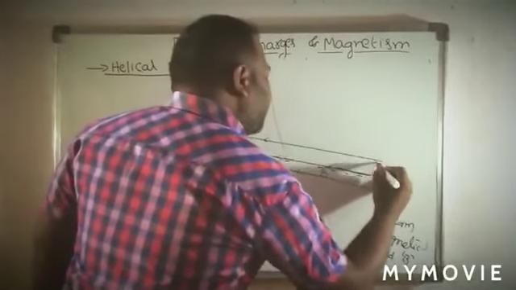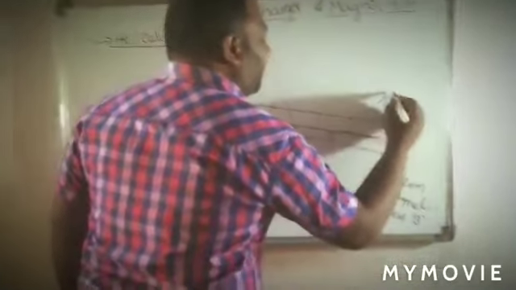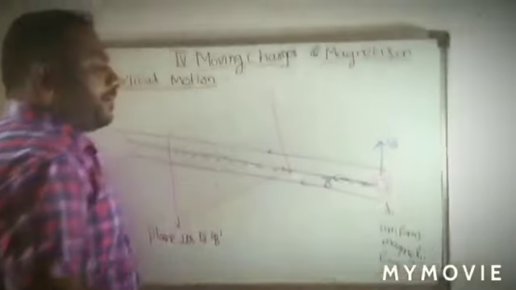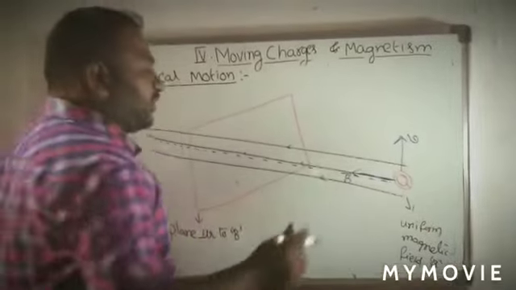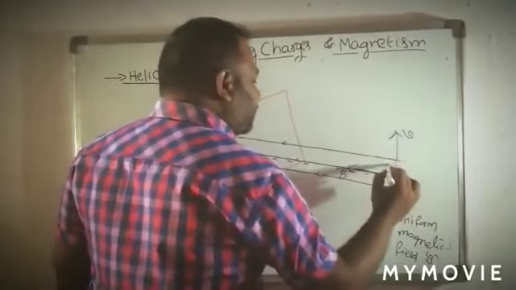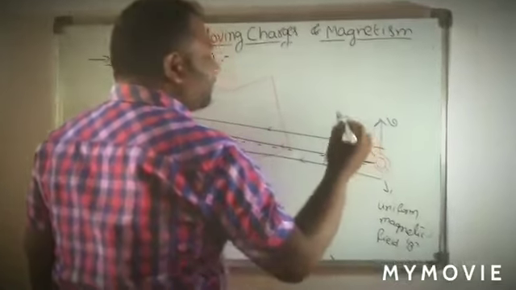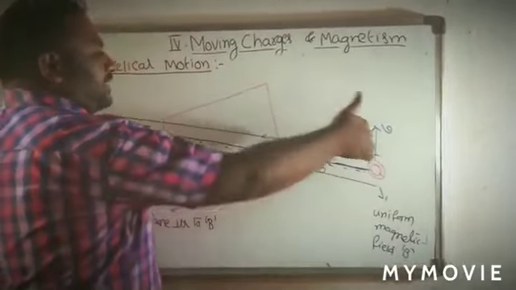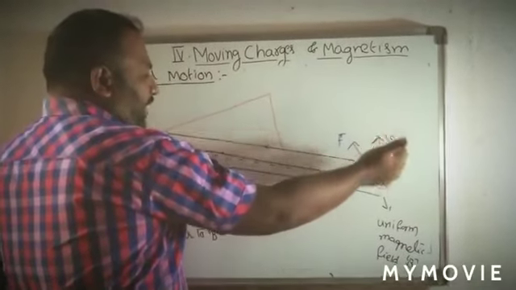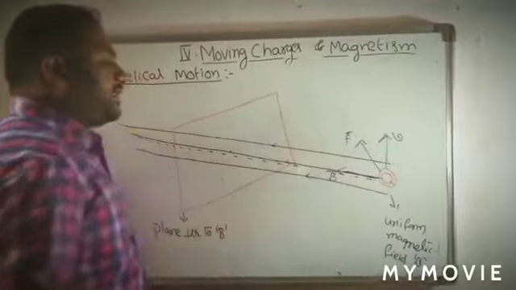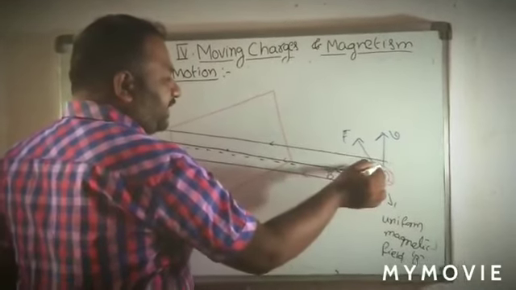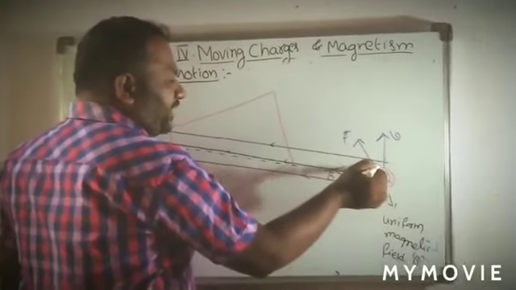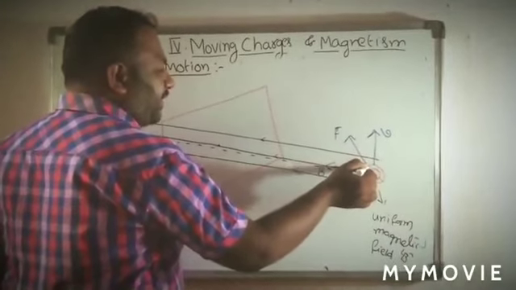The velocity component is perpendicular, meaning the velocity of the charged particle is like that. On this, the force is acting in this manner. When we apply the right hand thumb rule, the force direction can be found.